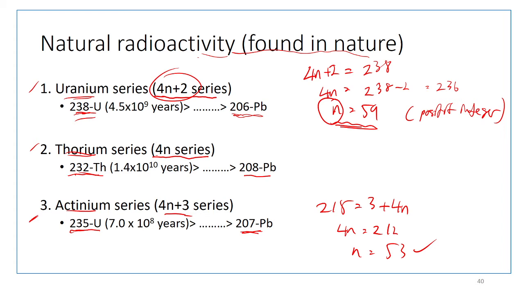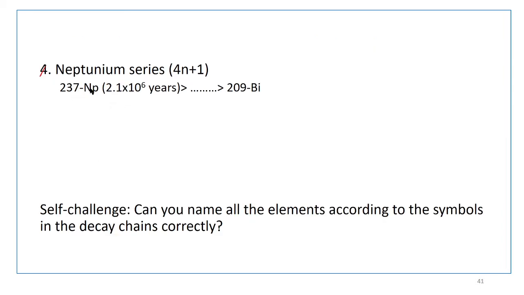But for the neptunium series, you can no longer find neptunium 237 in nature. The neptunium 237 half life is 2.1 times 10 to the power of 6 years. The neptunium series ends at stable bismuth 209.